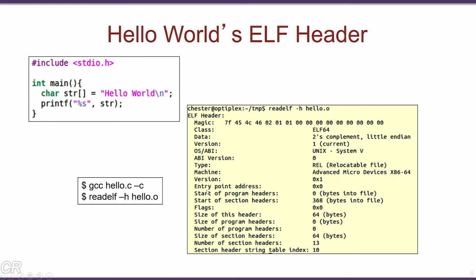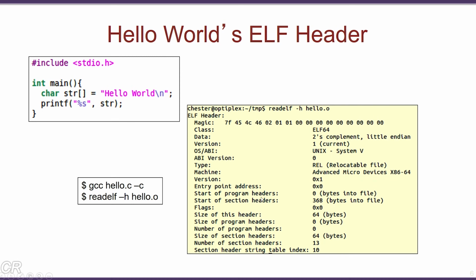Then you have the entry point address, and importantly for us, you have the start of the section headers, which is an offset of 368 bytes into the file. Also, the number of section headers present in this particular case is 13.